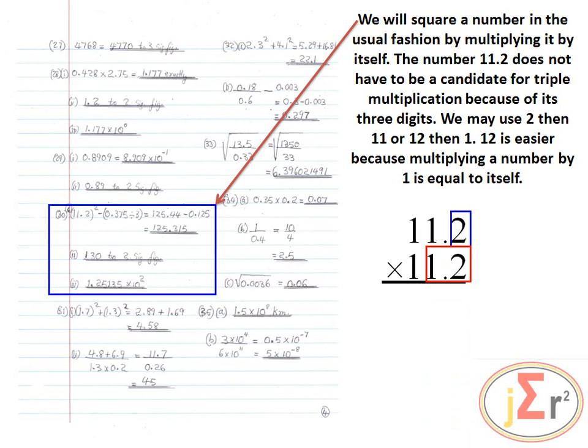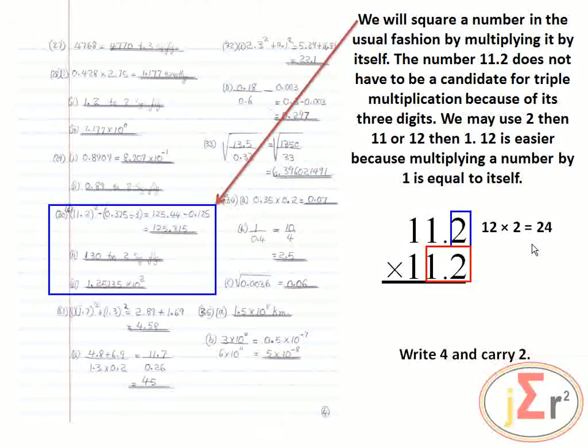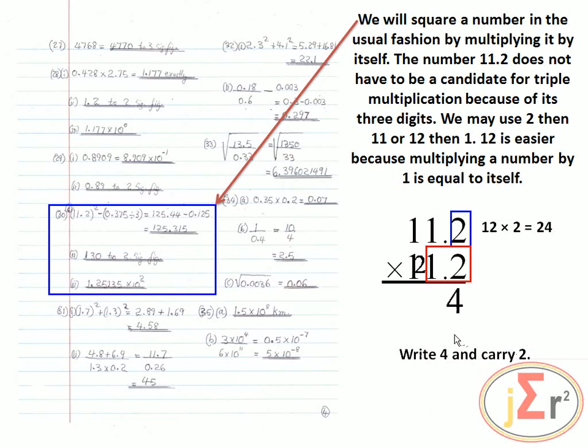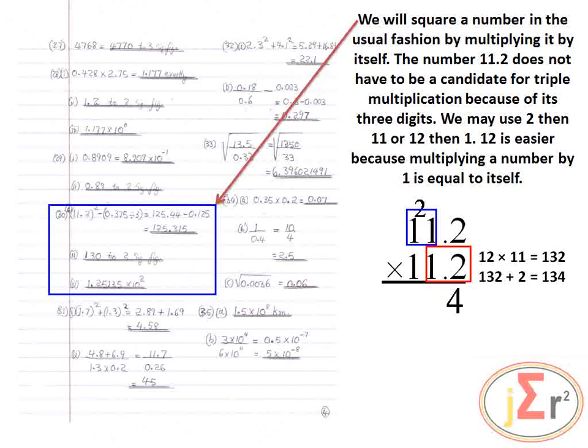So let us begin. 12 twos, 24. What do we do? Write the 4 and carry 2 to the more significant position. Then we go straight ahead and not say 12 times 1. We know 12 elevens already. 12 elevens is 132.